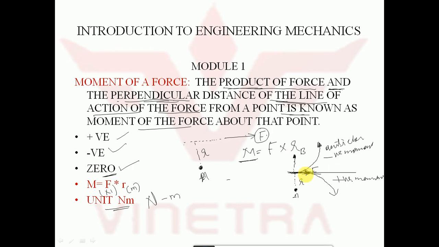If the same force, if I want to find out moment about the point B, then the moment is acting in anti-clockwise direction, then it will become a negative moment. So about a point, the point chosen is important. About which point you are choosing, the moment may become positive or negative irrespective of the direction of the force.